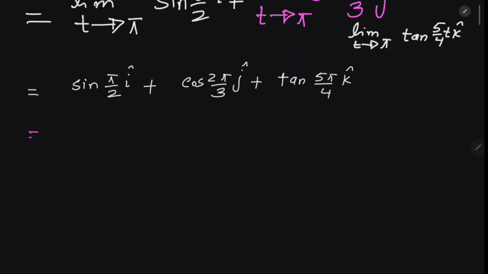Sine pi by 2 is 1, so we get i unit vector plus cos 2 pi by 3.